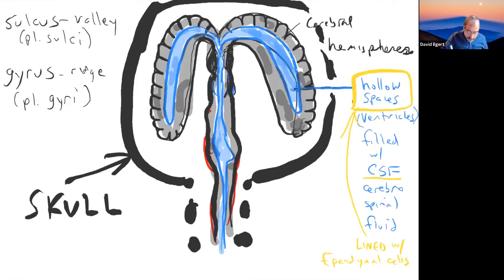So if we go back to this picture here, there are choroid plexuses at the floor of the lateral ventricles here. There's a choroid plexus here in the third ventricle. There's another choroid plexus here in the fourth ventricle.